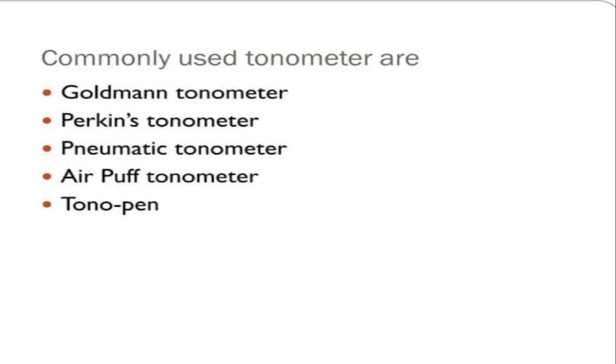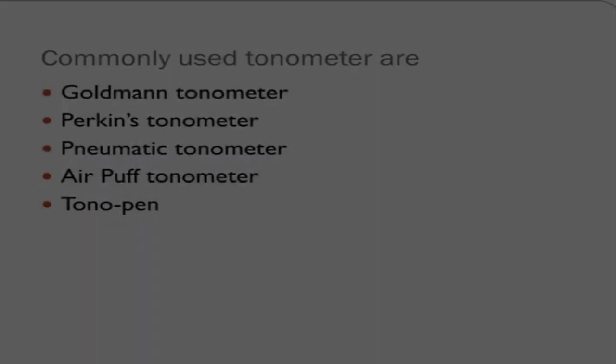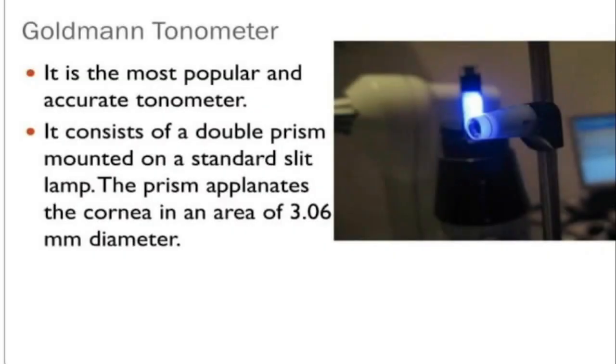Goldmann applanation tonometry, the most commonly used tonometry in clinic, is influenced by various corneal morphological factors. Goldmann tonometry is a commonly used tonometer in clinics which is based on applanation tonometry and is attached to most slit lamp systems.